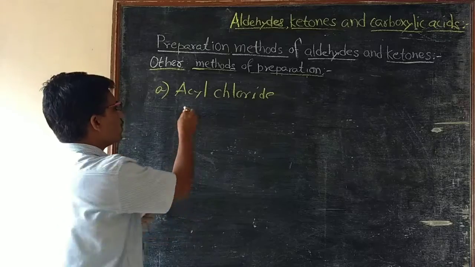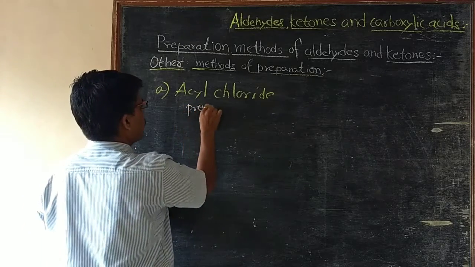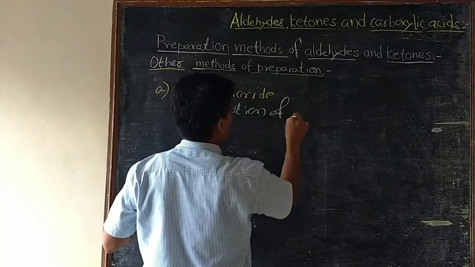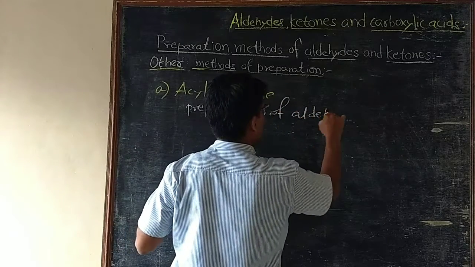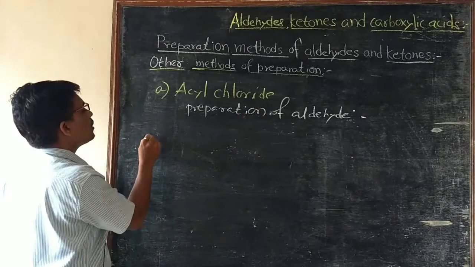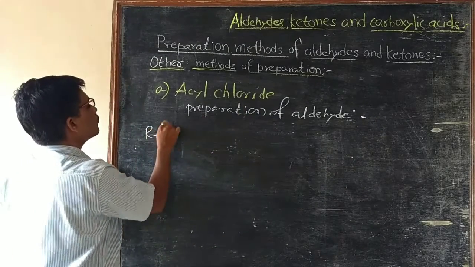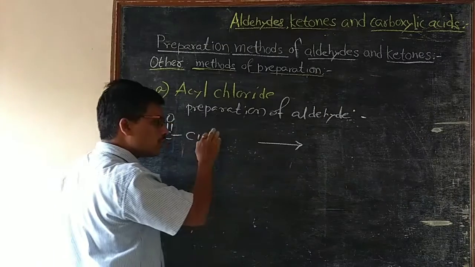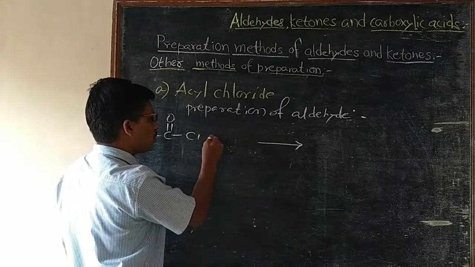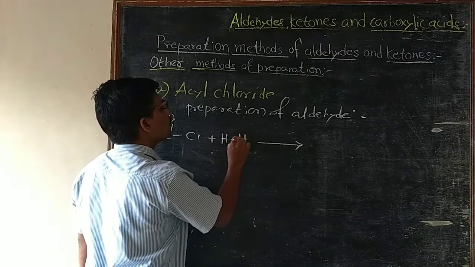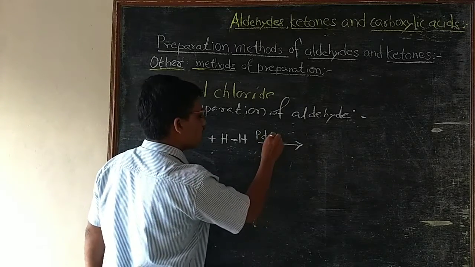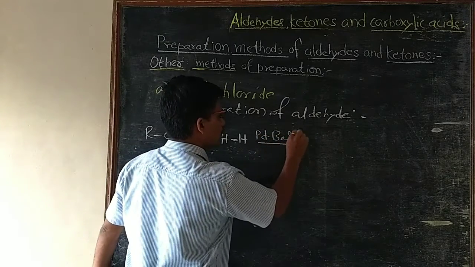First we will study preparation of aldehyde from acyl chloride. Acyl chloride is reduced to the corresponding aldehyde by hydrogen using palladium catalyst poisoned with barium sulfate.